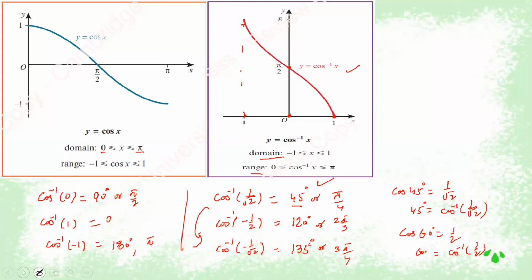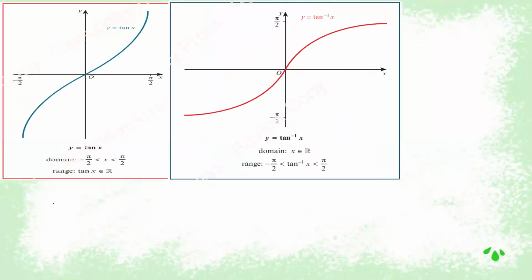The last one is tan. I remember that this is the tan curve and they mentioned the domain of the tan curve. They restricted it from negative 90 to positive 90, as you can see. And for the inverse, they just changed domain and range.